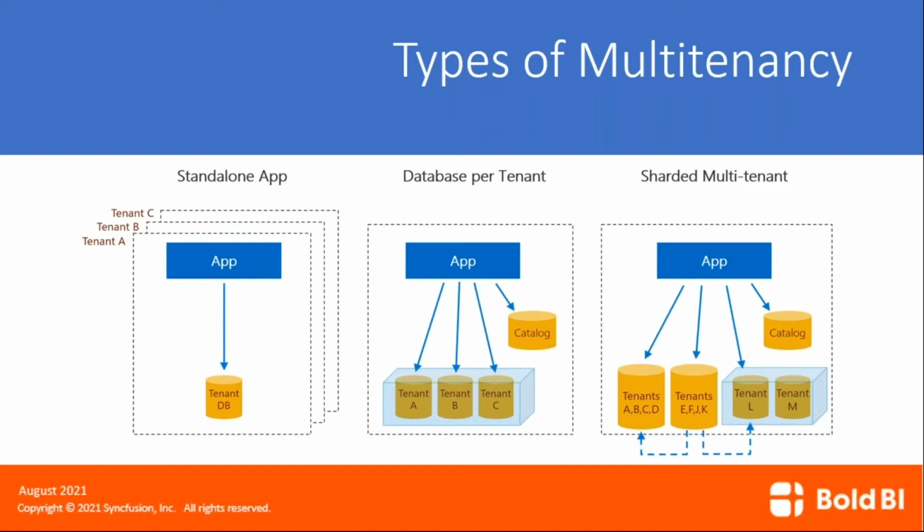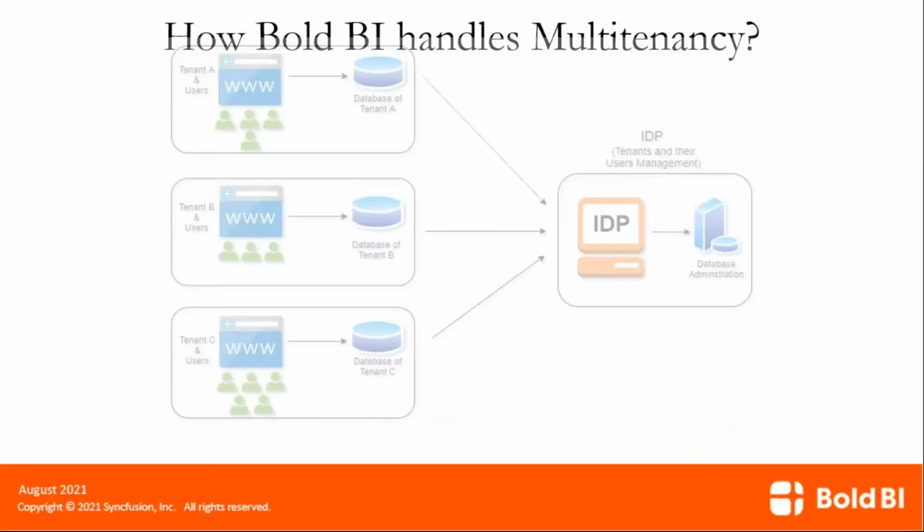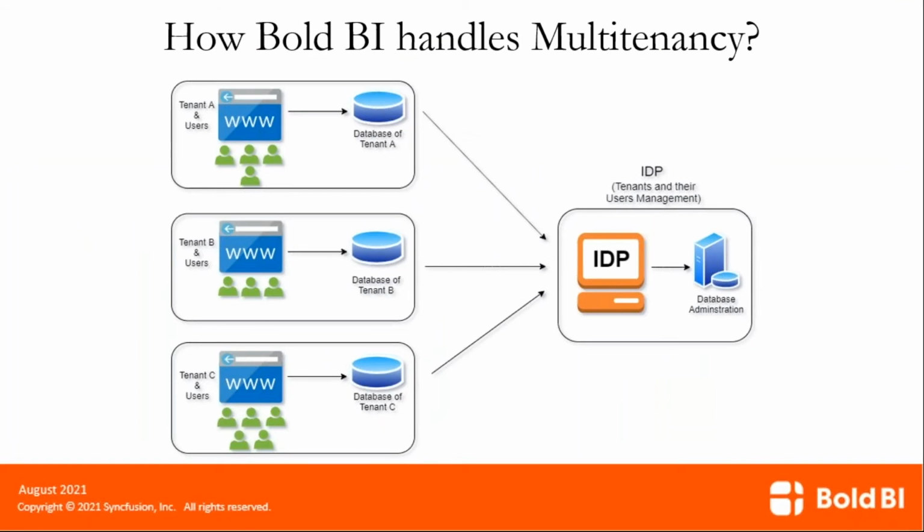Among these three architectures, Bolt BI uses the database per tenant architecture. This is the architecture of multi-tenancy used in Bolt BI. As you can see in the picture, every tenant has its own database for managing its resources and dashboards.